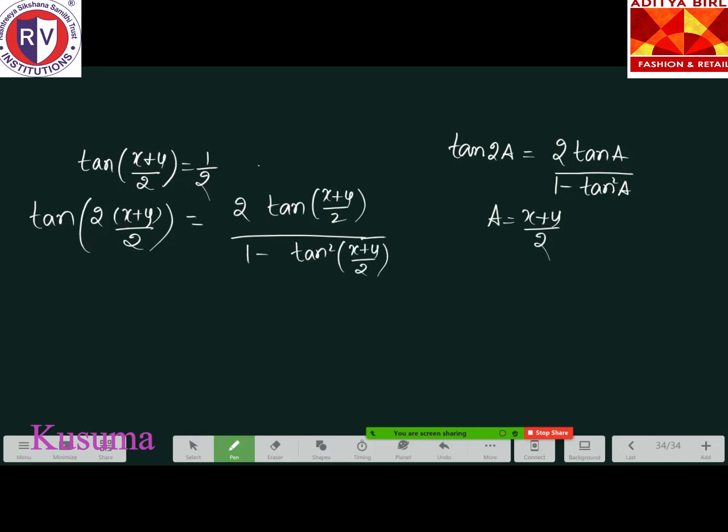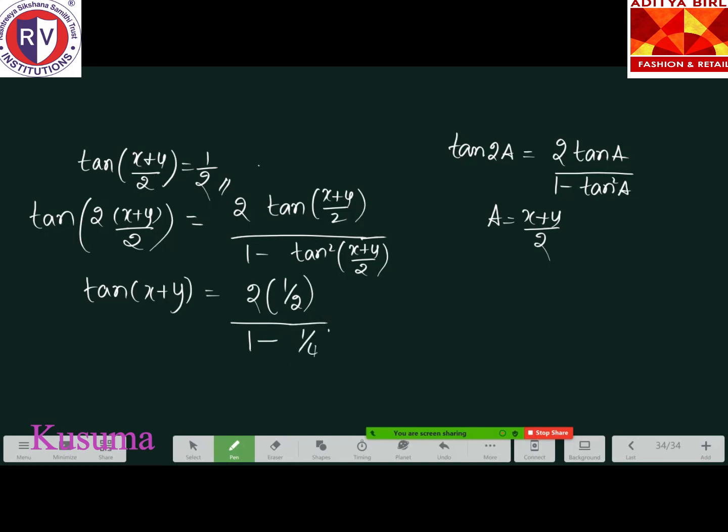We have the value of tan of x plus y by 2, that is 1 by 2. So here the LHS will be tan of x plus y, which is equal to 2 into 1 by 2 divided by 1 minus 1 by 2 whole square, which is 1 by 4.